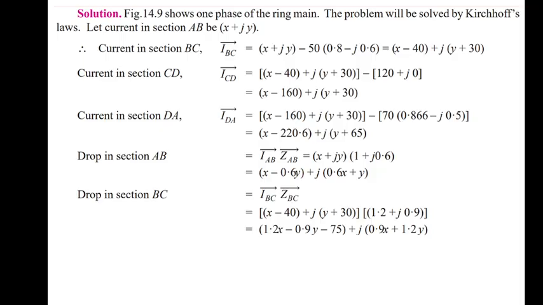Using this assumption, the currents in the remaining sections BC, CD, and DA are determined step by step by subtracting the respective load currents at each node in their phasor form. These load currents are expressed using their magnitudes and power factors, allowing them to be represented as complex numbers. After determining the current expressions in all sections, the next step involves calculating the voltage drop across each section by multiplying the corresponding current with the section impedance.